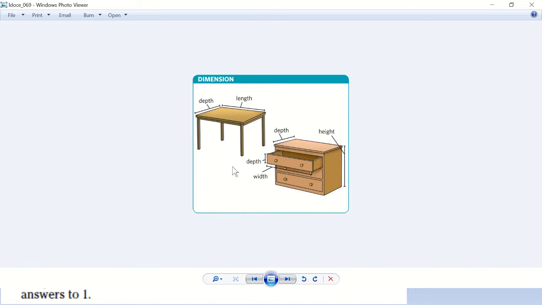It is usually used with holes and water to measure the surface down to the ground. And finally, we have the width. As you can see, this is the width. So these are dimensions: height, length, depth and width.